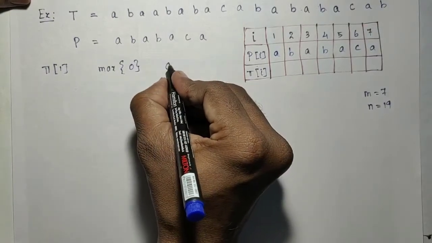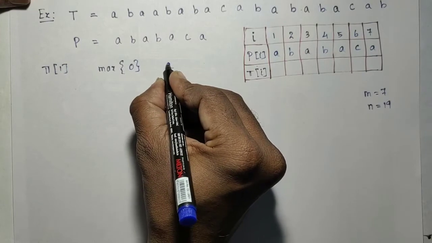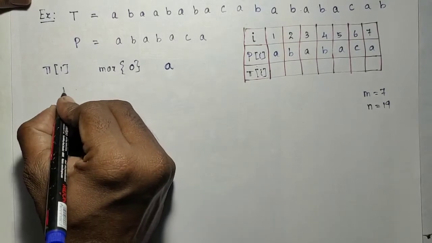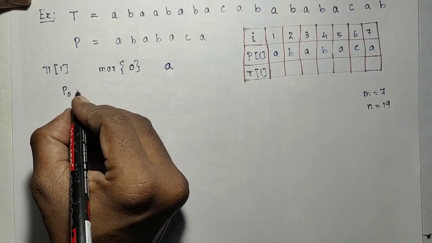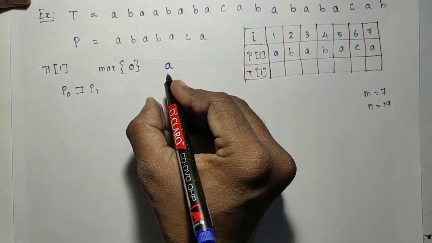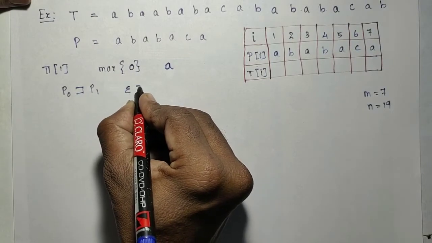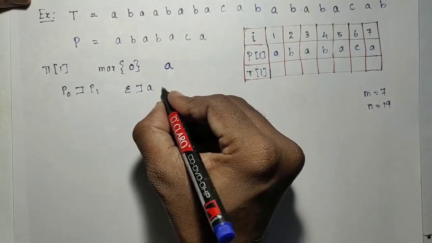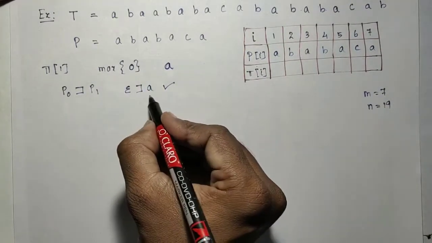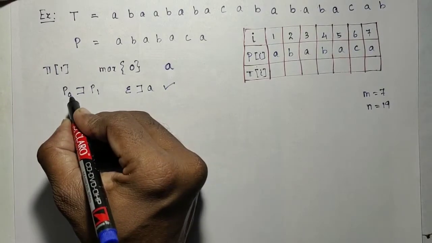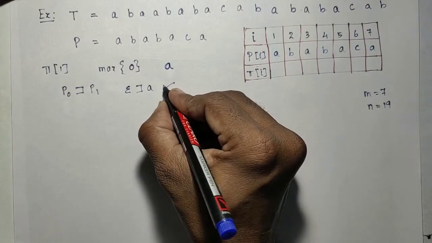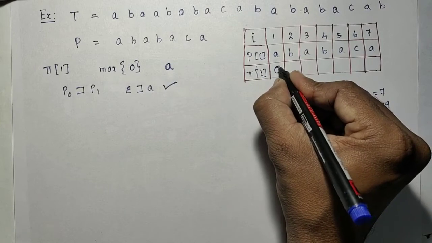Pi of 1 means we consider only A. So we have to check 0, that is P0, whether it is a suffix of P1. Epsilon is a suffix of A, so the condition is true. Only 0 is to be checked, and the maximum is epsilon, that is 0. So pi of 1 is 0, and I fill in this 0.